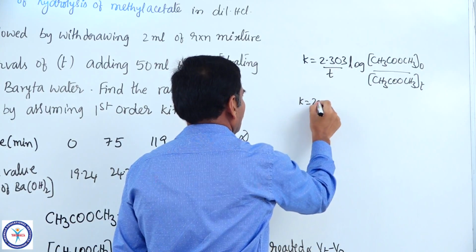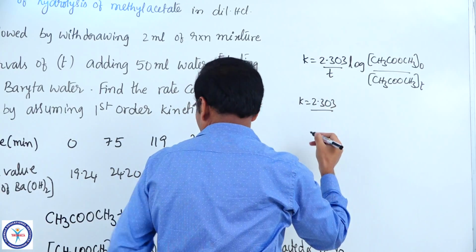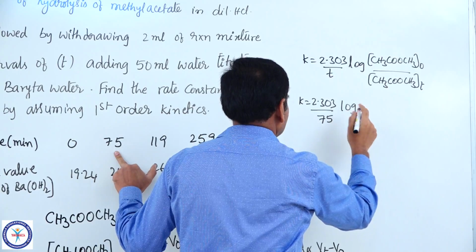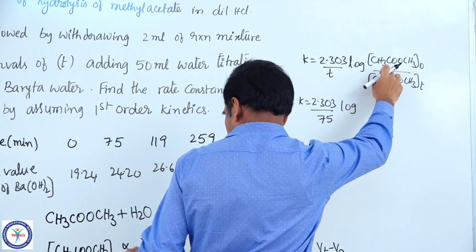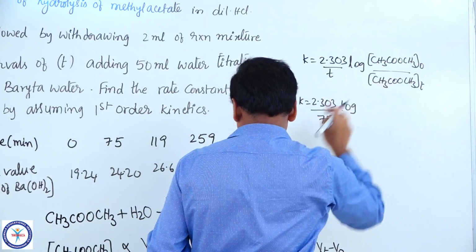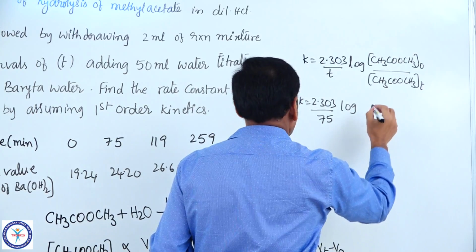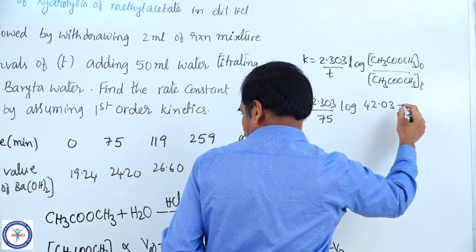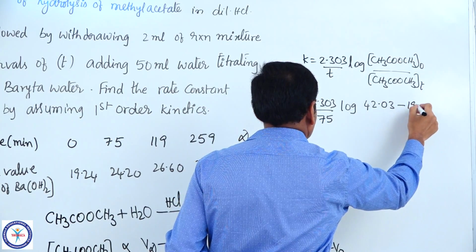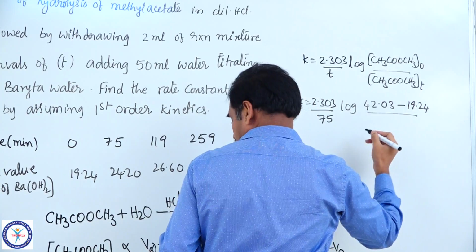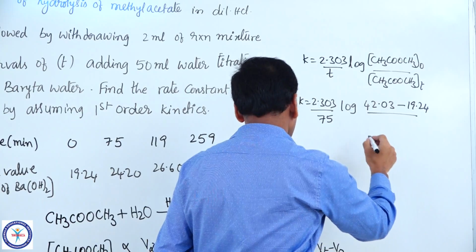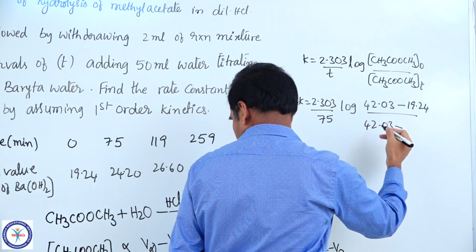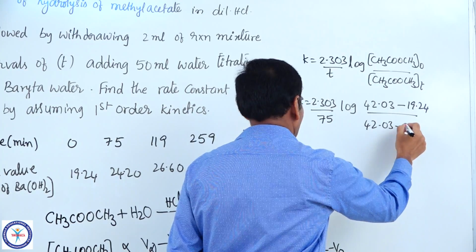So, K equal to 2.303 divided by T, first I am taking 75 minutes, into log initial concentration of methyl acetate V infinity minus V naught, 42.03 minus 19.24, divided by V infinity minus Vt, 42.03 minus 24.2.